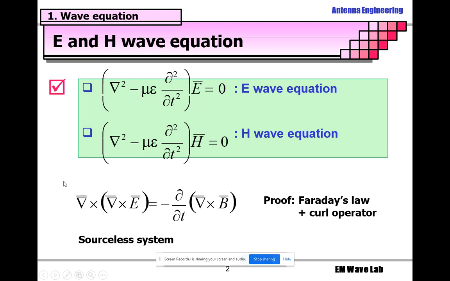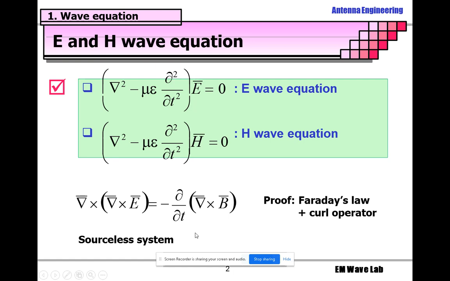This is the proof from Faraday's law and curl operator. Curl is nothing but del cross, said to be curl. Del cross E, this is Faraday's law, equal to minus dou by dou t into del cross B vector, for the sourceless medium.